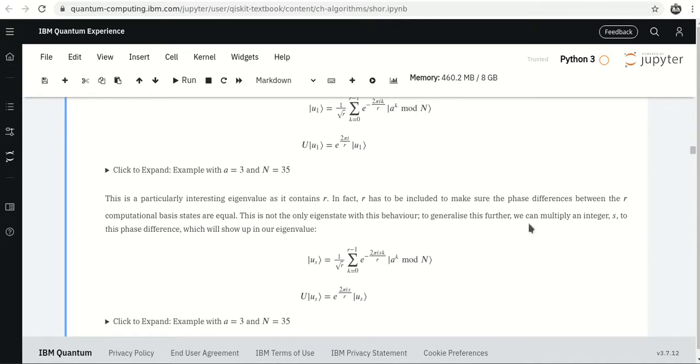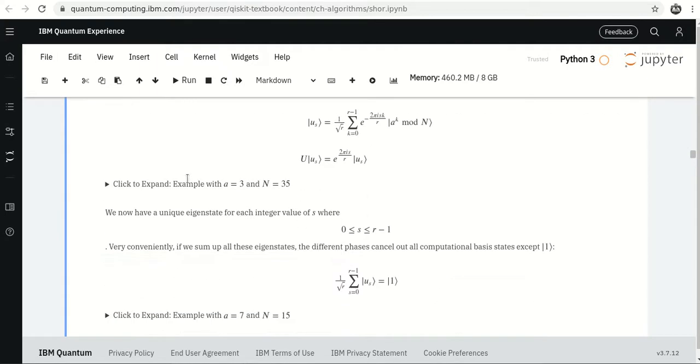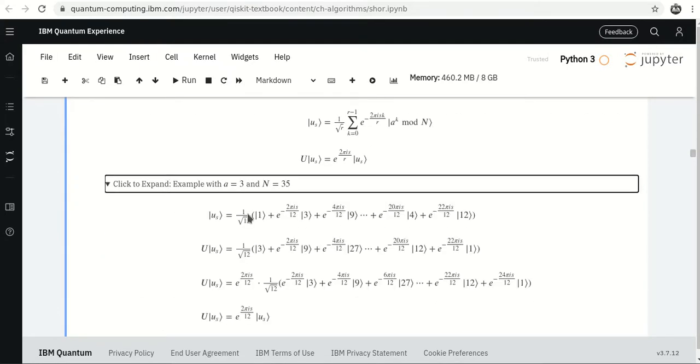To generalize, we can multiply an integer s to this phase difference, which will show up in our eigenvalue. So u_s equals 1 over root r times the summation of e to the power minus 2 pi i s k over r times the state a to the k mod n. So this is our new eigenvalue.